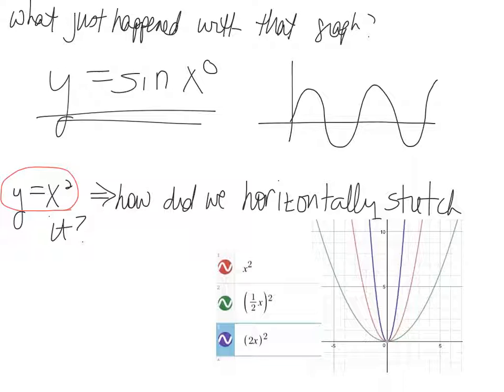Back in Module 1 at the end of the unit, we graphed y equals x squared, and then we graphed y equals the quantity 1/2 x, squared. This graph was horizontally stretched by a factor of 2.